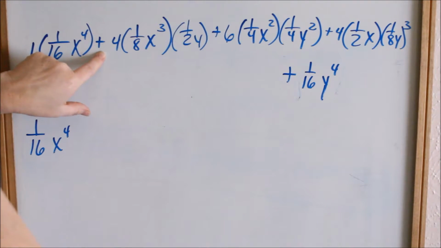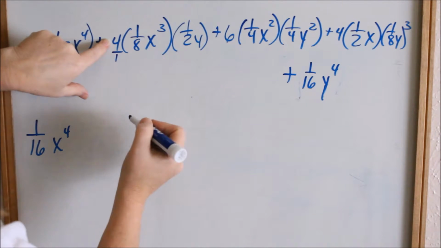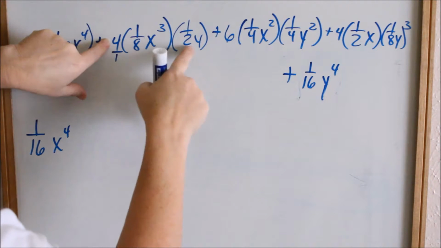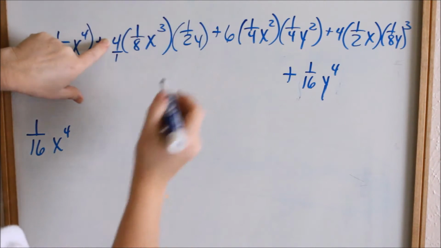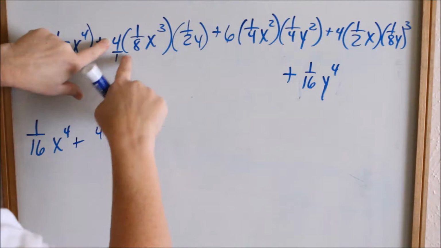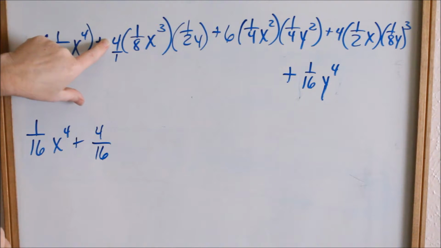Numbers to numbers, letters to letters. So if I put this 4 over the 1, 4 times 1/8, okay, times 1/2. If I multiply it all the way across, 4 times 1, my numerator would be 4. My denominators, 1 times 8 times 2 is 16. You need to reduce that.